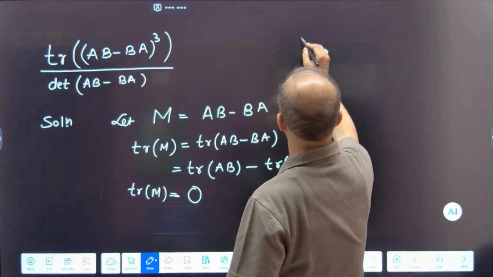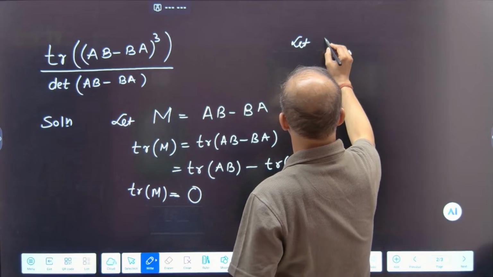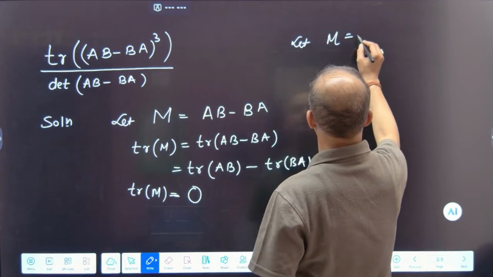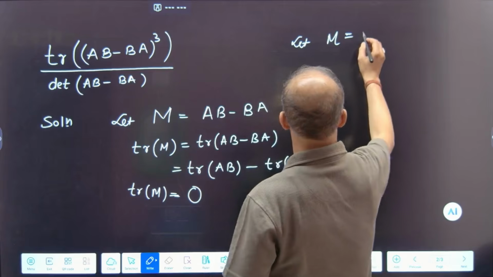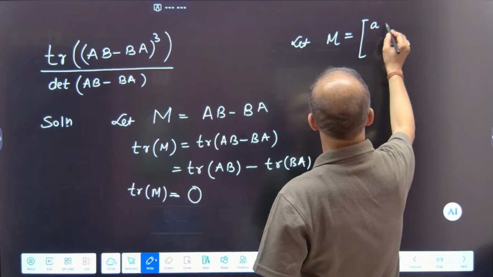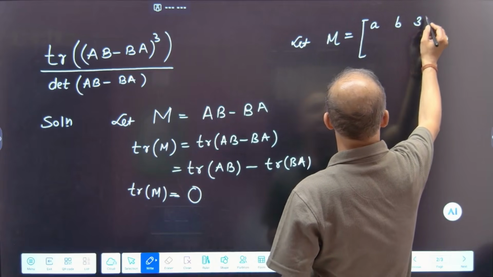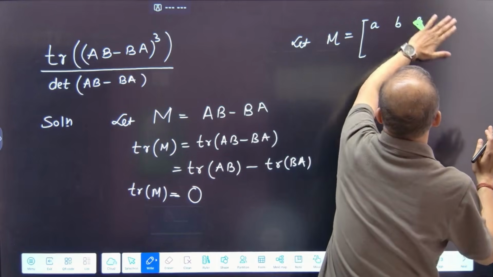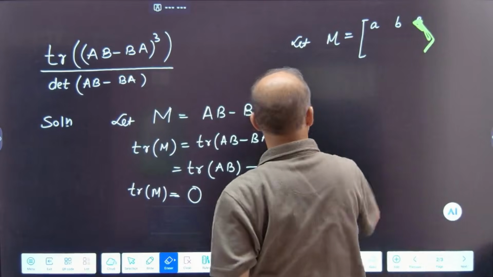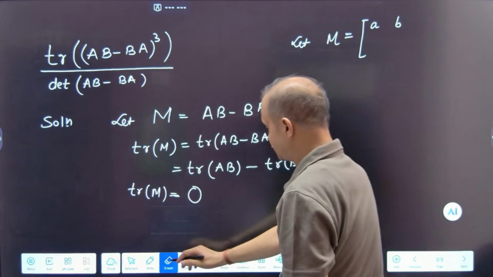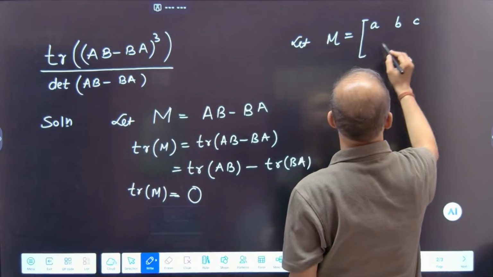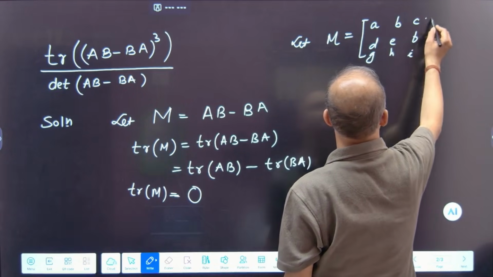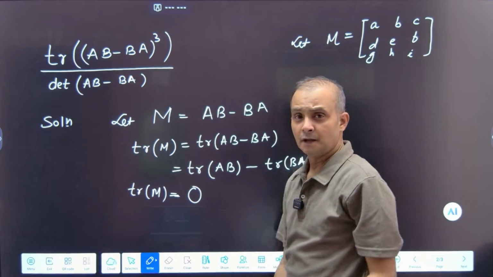Let's assume that the matrix M, suppose I have any matrix resulting from AB minus BA, it can have any elements of order 3. Let's say I have this: A, B, C, then D, E, F and G, H, I. I don't care what is the result of AB minus BA.